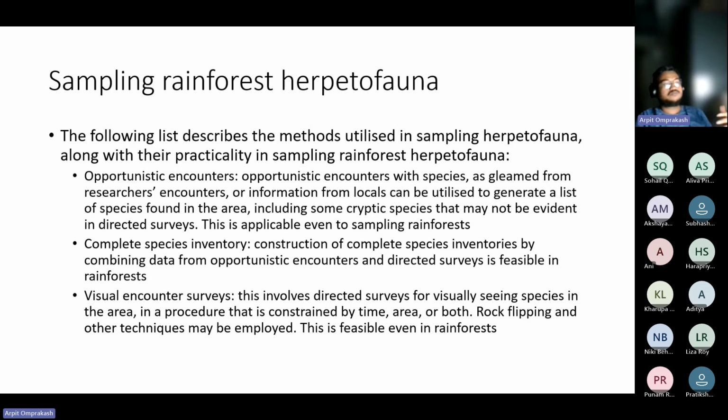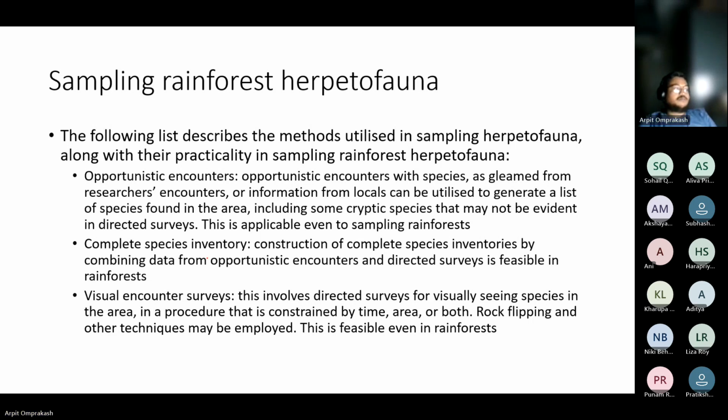Let's say you're just going around on a trail in the rainforest with no motive in your mind, and you see certain species. That is an opportunistic encounter. A directed survey is when you go around looking for a specific organism or a specific animal, or you look at a given area and see what animals are there.